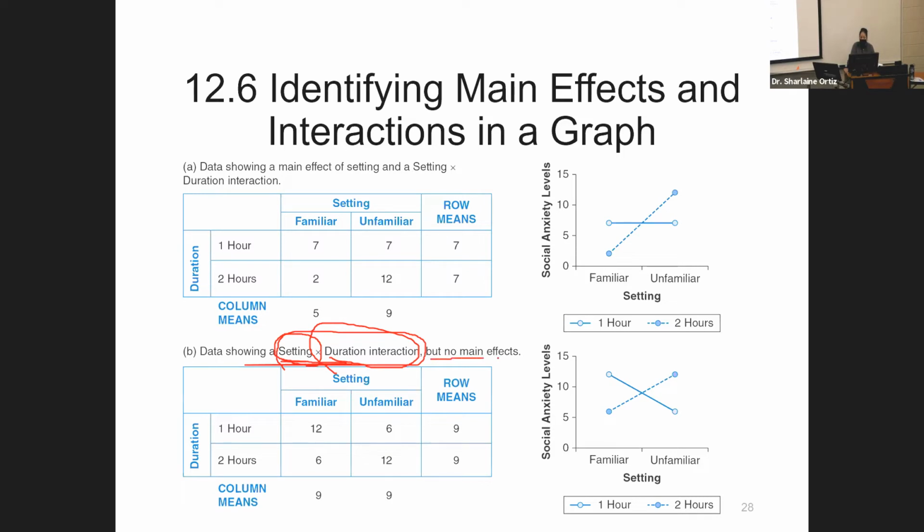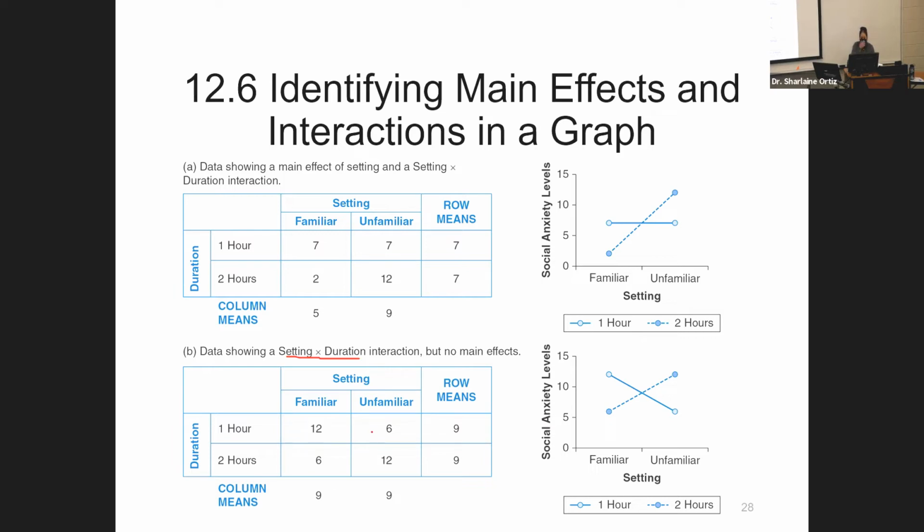We're going to see that there are no main effects, neither factor A nor factor B necessarily were the ones that contributed to that change in the dependent variable. Notice that it was indeed the interaction. It was the interaction between setting and duration.